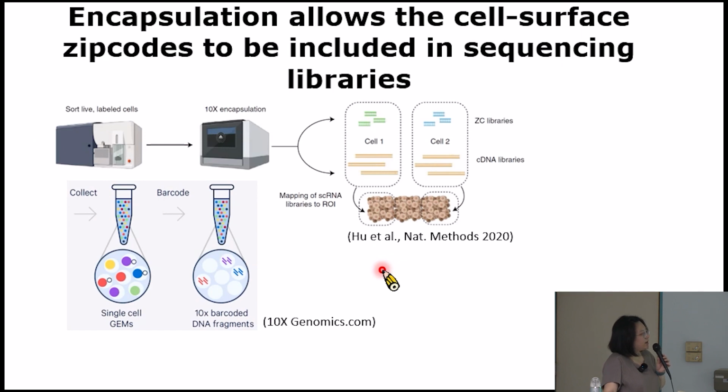But if you can isolate the cells to incubate in this one single cell gem, then this DNA sequence outside the nucleus would also be recognized by the same barcode, and it would be recognized to be part of the cell.